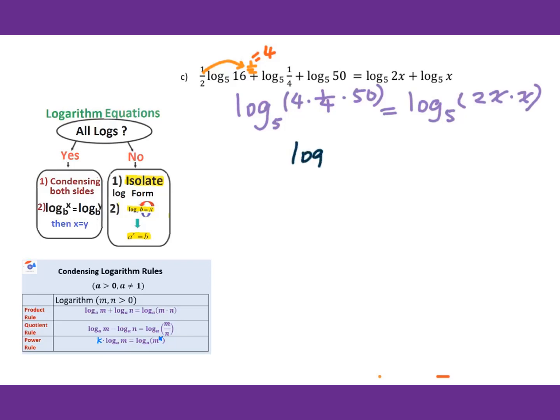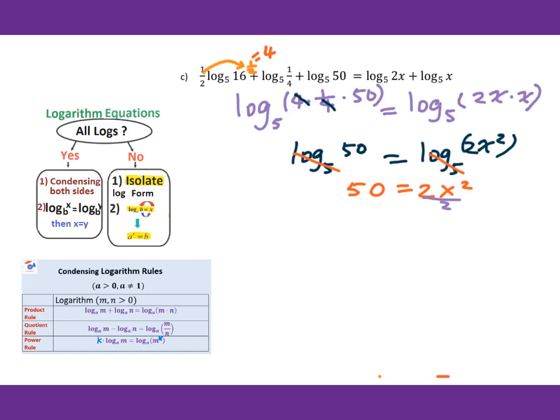Then we simplify log base 5. Reduce, you got 50 equals log base 5 of 2x squared. Since the base is the same, we can set the arguments equal to each other. So we get 50 equals 2x squared.